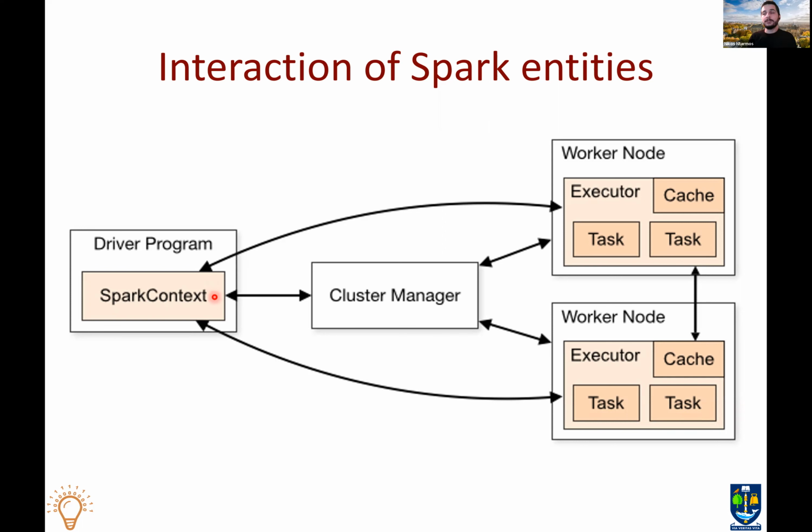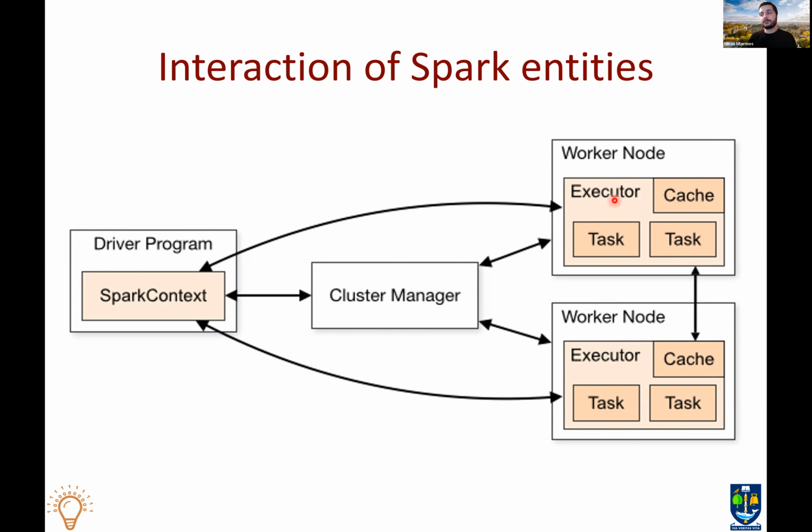And to compute those RDDs, it will need to go through the resource managers, just like MapReduce. So Spark context will talk to the cluster manager to get containers, so computing resources for its worker nodes. And then on the worker nodes, it will spawn executors.